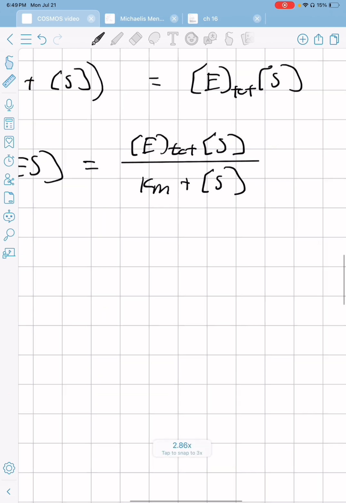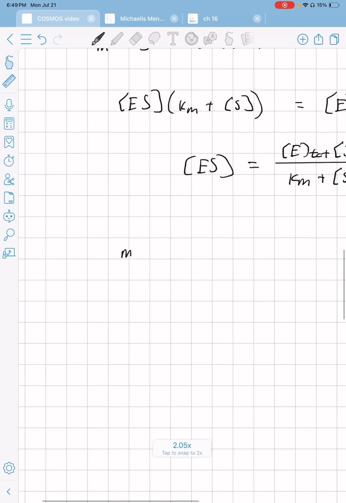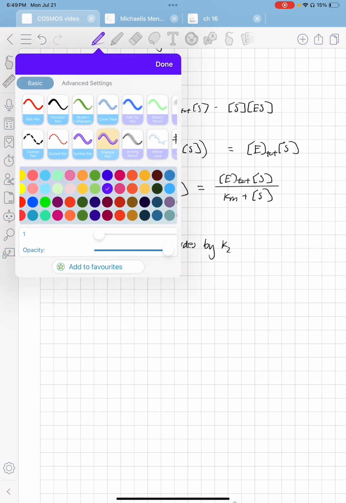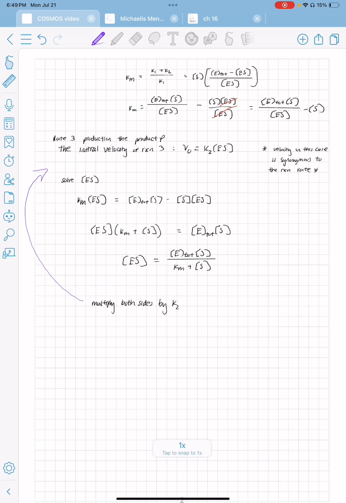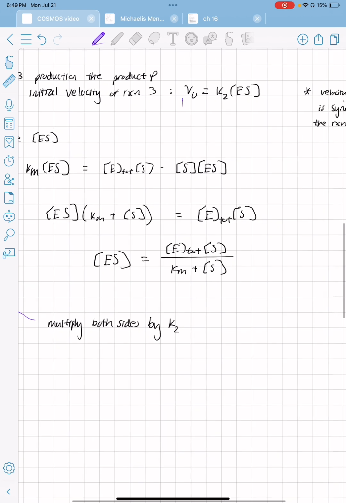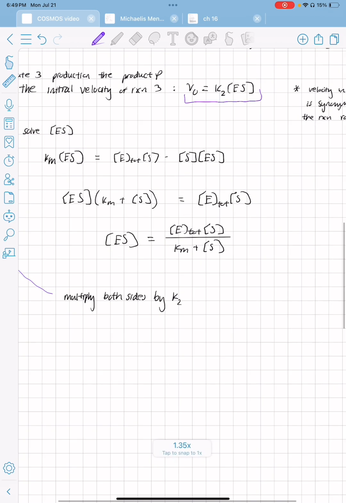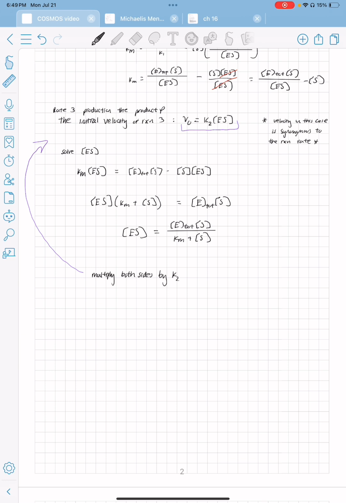And so now we're going to multiply both sides by K2. And we're going to do this because I'm going to bring attention back to how the initial velocity of reaction 3, V0, equals K2 times enzyme substrate complex concentration.